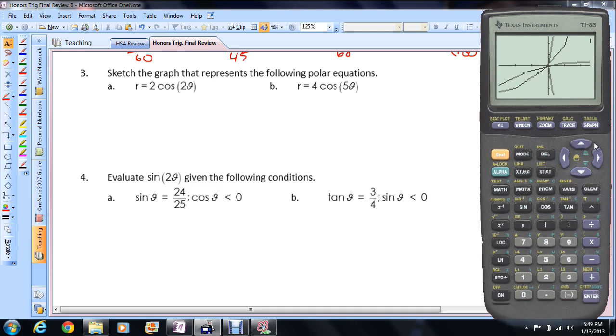Hit graph. This one's a little bit bigger, so I want to use a zoom out feature this time. We go down to number 3, we hit enter, and then we hit enter again. It's going to zoom out for us, and we get a pretty decent graph. Again, you can zoom around it, or go to your window and look at where you need to go.